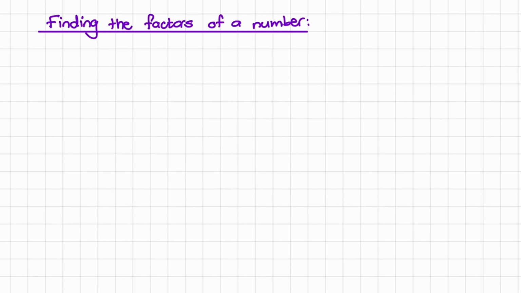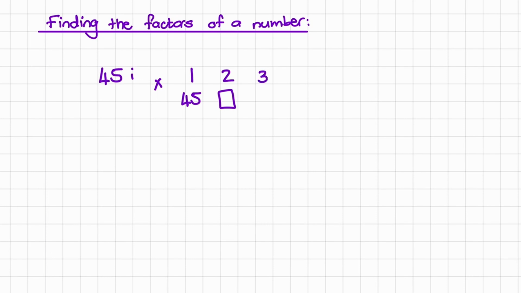I want to show you one more method that I use to find the factors of a number. So let's find the factors of 45. I start with 1 and I say 1 multiplied with 45 is equal to 45. Then I go to 2 and there's no value for 2, so I leave that open.